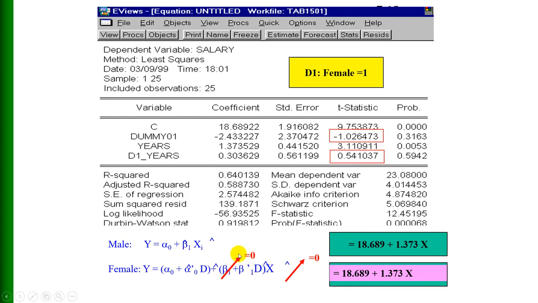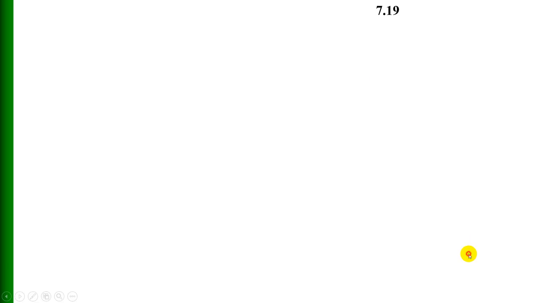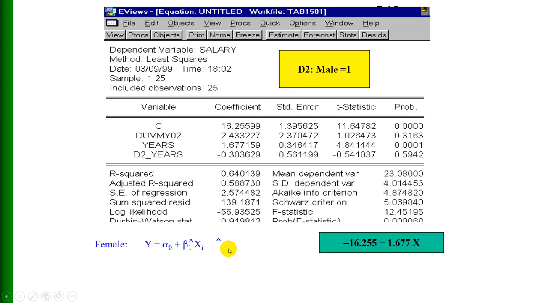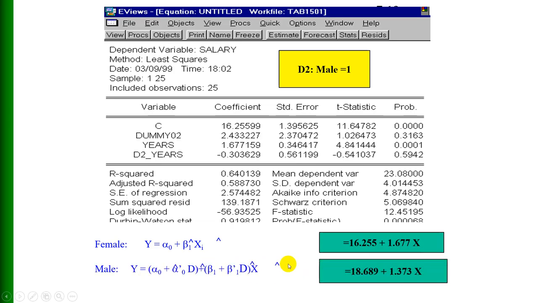But this one is equal to 0 and this one is also equal to 0, so we have this. And in this example, this is the EViews output, and here we are using D2 equal to 1 for male and 0 otherwise, and here is this equation for female, 16.255 plus 1.677, this is the slope, and this one is for male.